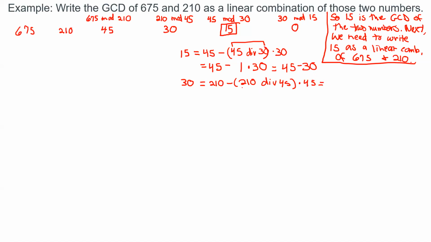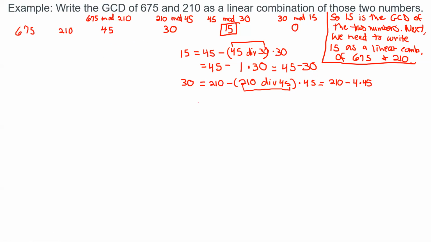And now let's evaluate this. That ends up being a 4. Okay, so we're going to have 210 minus 4 times 45.